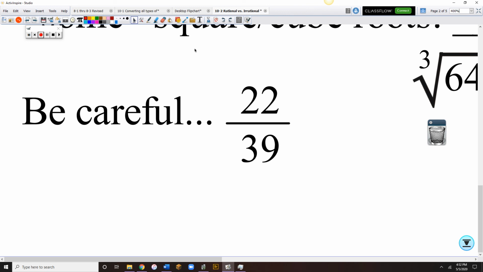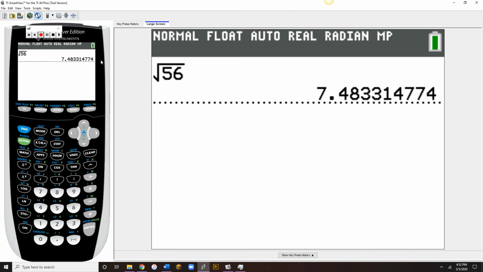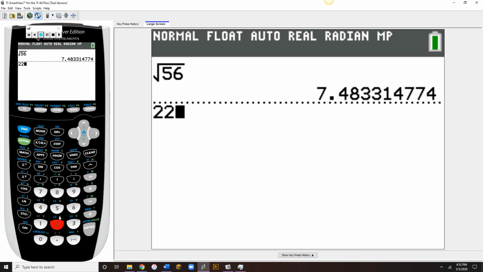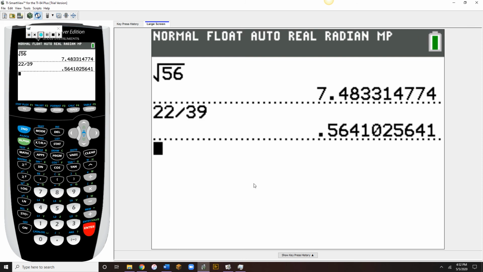All fractions are rational. However, if you do put it into the calculator, 22 divided by 39, the answer fills the screen and you barely see where it starts to repeat: 5, 6, 4, 1, 0, 2, 5, 6, 4, 1.